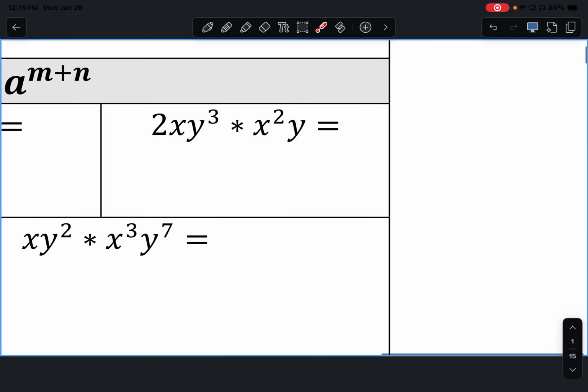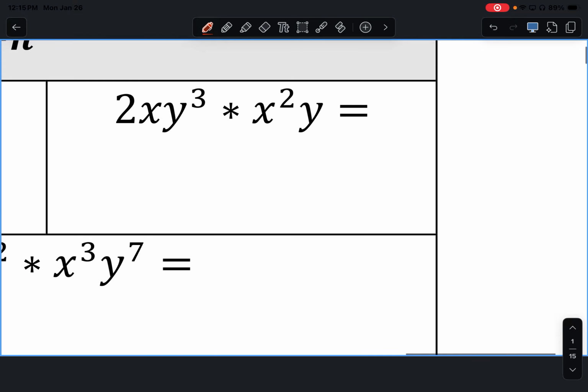All right, for our third example, we have a constant of 2 in front of the first one. For the second one, what is the understood constant to be right here? I mentioned that because whenever these have constants, we need to deal with the constants with the constants, the x's with the x's, the y's with the y's. So what is 2 times 1? 2.